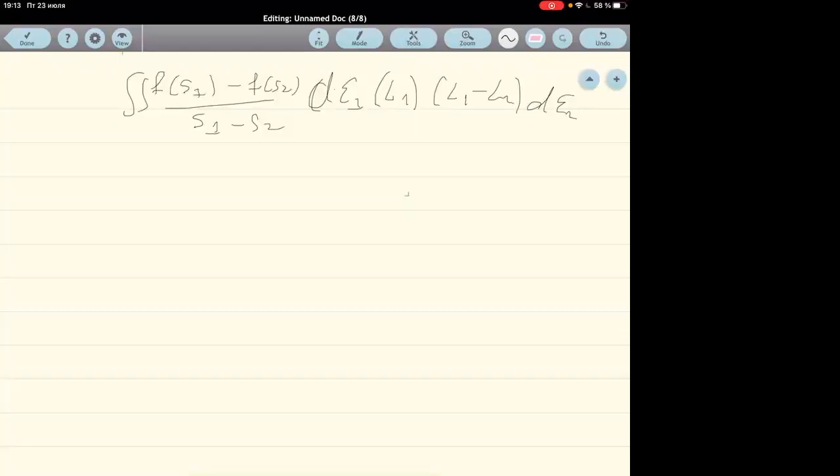Sorry, there's a confusion. The integral of f of s minus f of t over s minus t, dE2 of t.